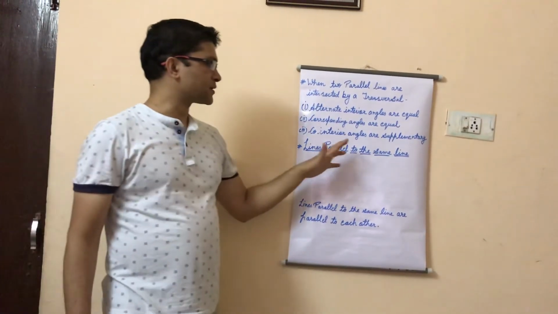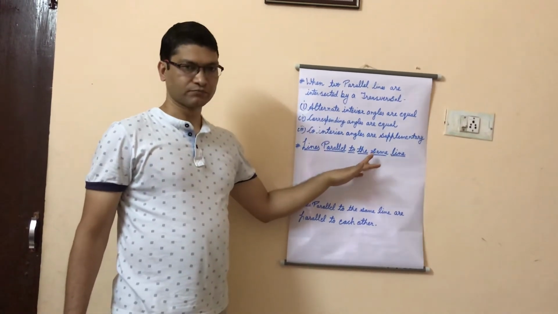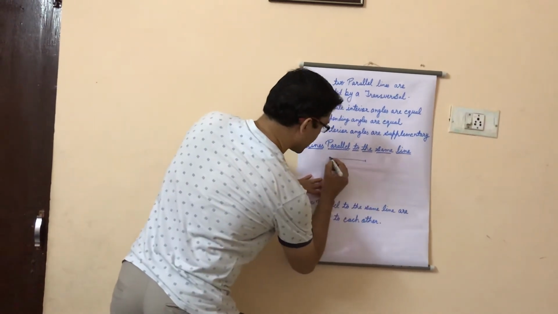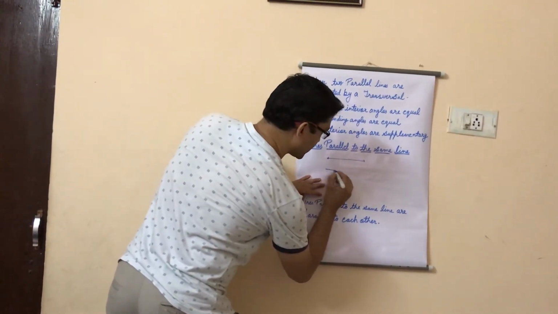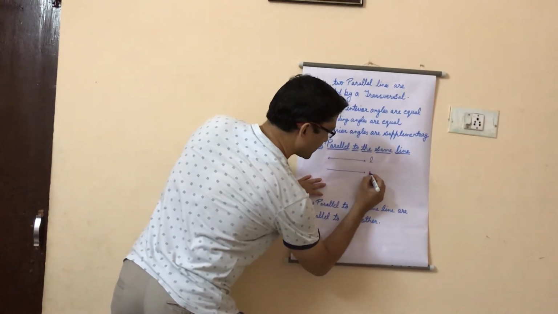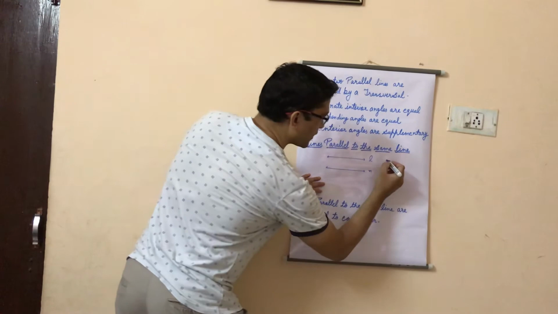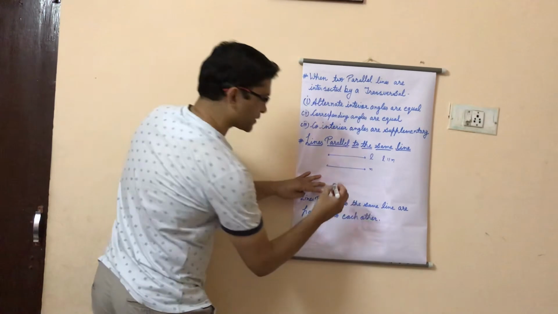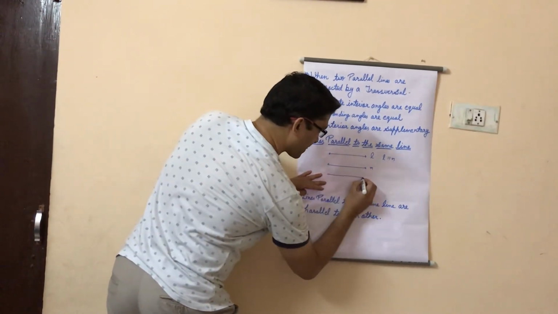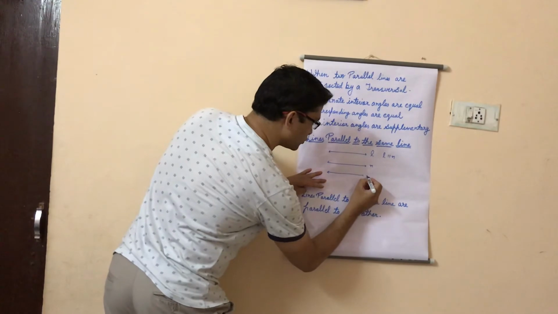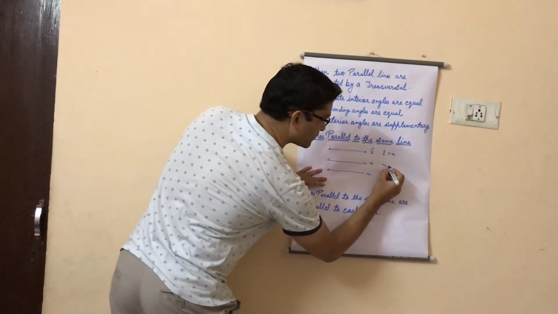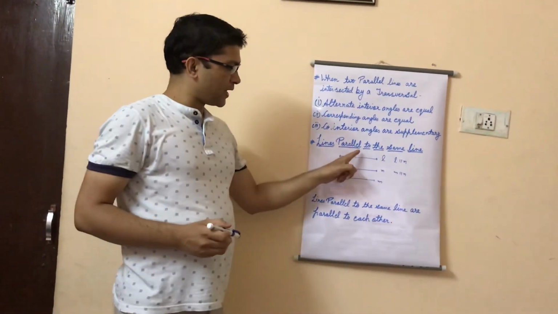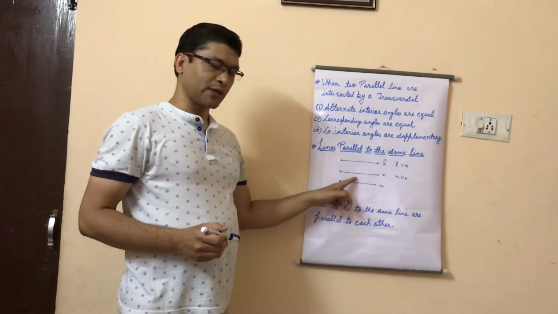Now the next topic is lines parallel to the same line. Suppose I have a line L, it is parallel to a line N, L parallel to N, and I have another line M, this is also parallel to N, M parallel to N. Then the lines L and M will also be parallel to each other.